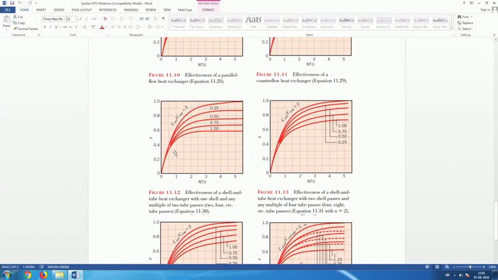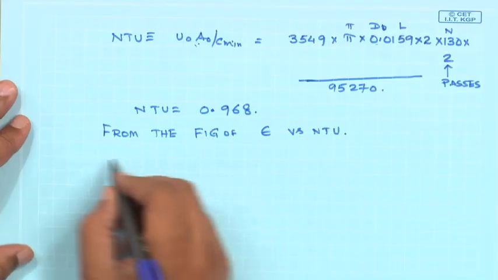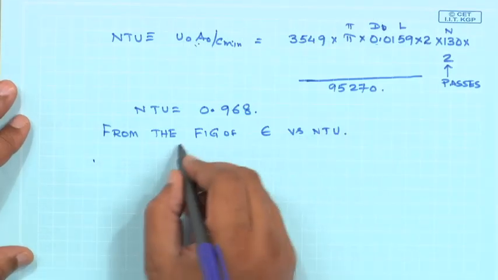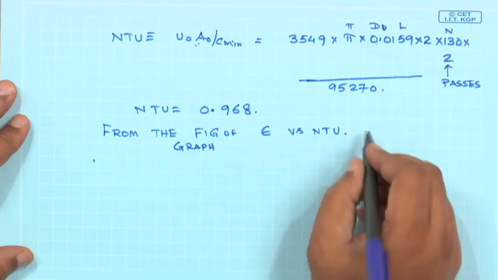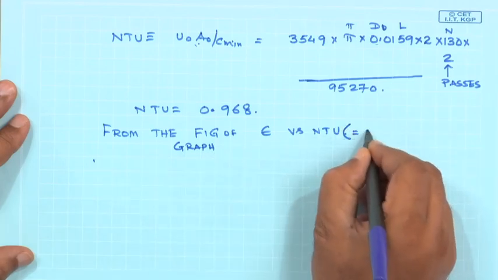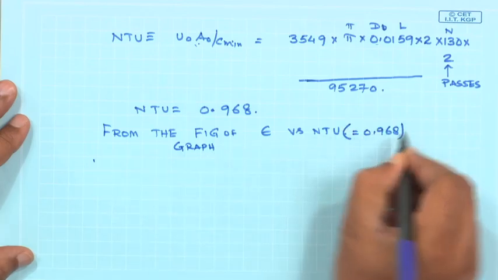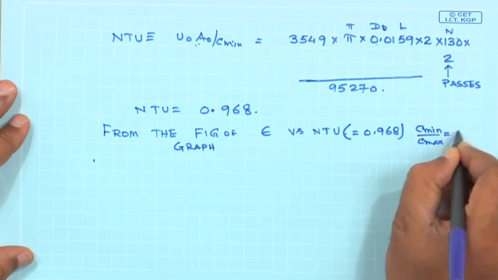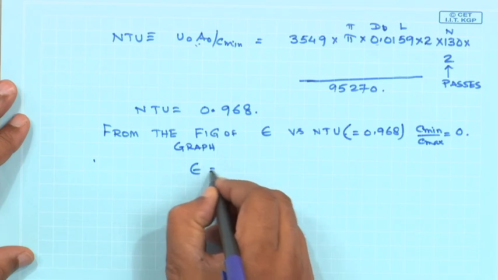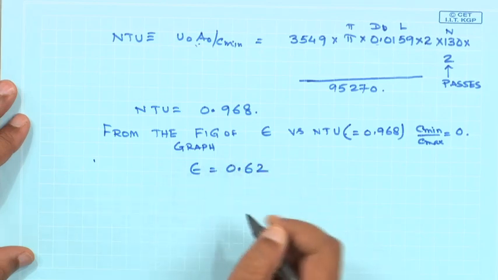So, knowing the value of NTU, knowing the ratio of C minimum by C maximum, we find out the value of epsilon from the graph for epsilon versus NTU. NTU is equal to 0.968 and C minimum by C max, since it is condensing, equal to 0, epsilon would be equal to 0.62.